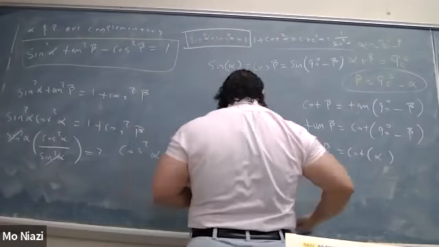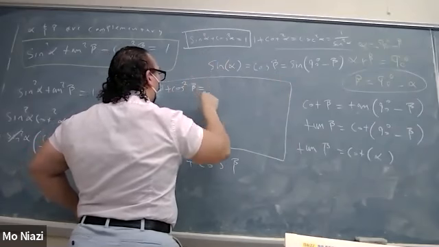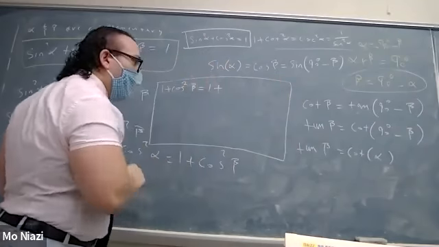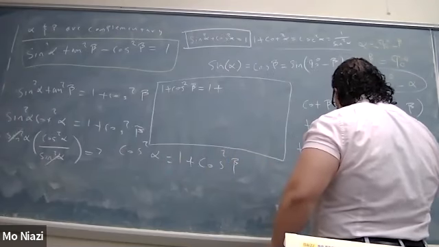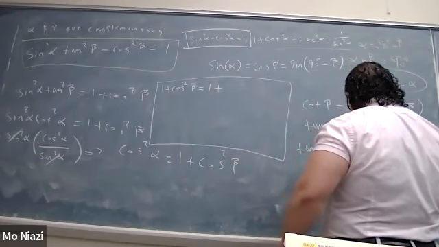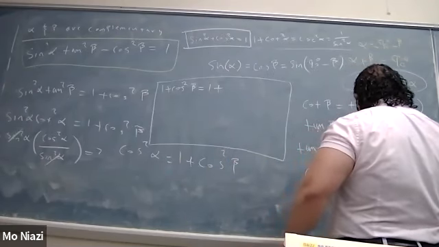Is cosine squared beta the same as sine of alpha? Good. So let me write a box here. So you're saying 1 plus cosine squared beta is the same thing as 1 plus, what are you going to say? Sine squared alpha? So cosine of beta is the same thing as sine of 90 degrees minus beta.